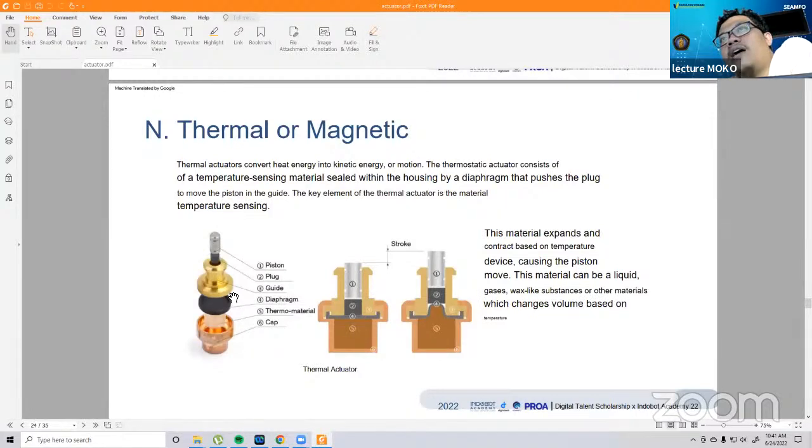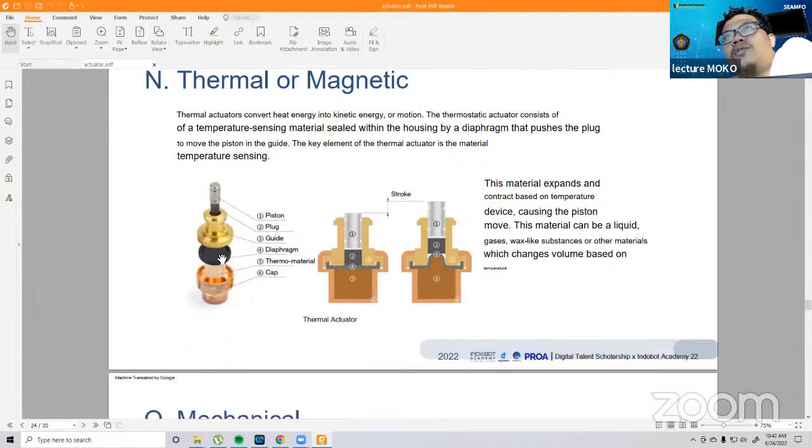There is a diaphragm on this side, and inside the diaphragm there is some liquid like freon, or another type of liquid that is reactive to the difference of temperature.